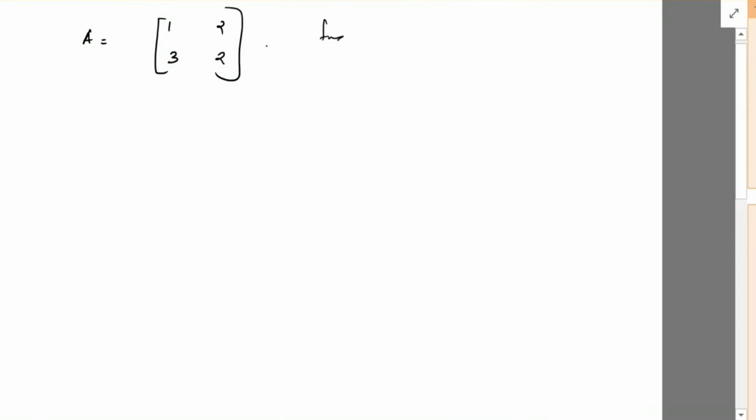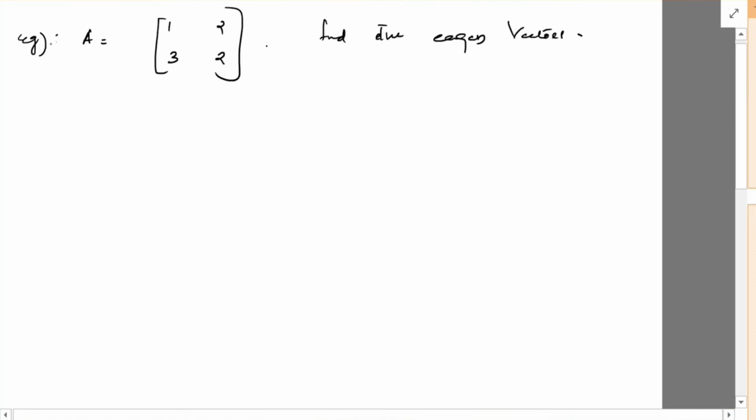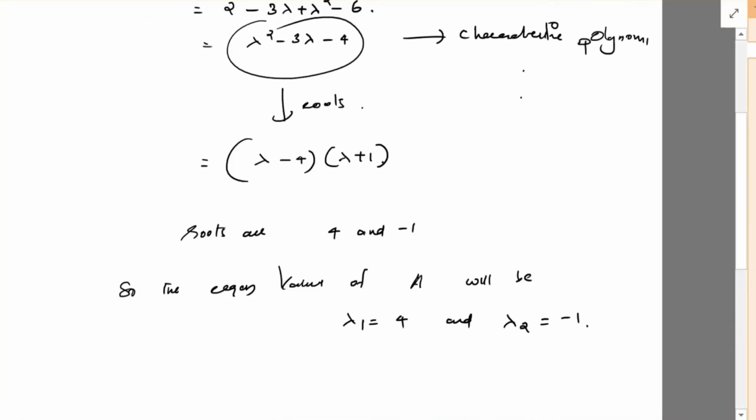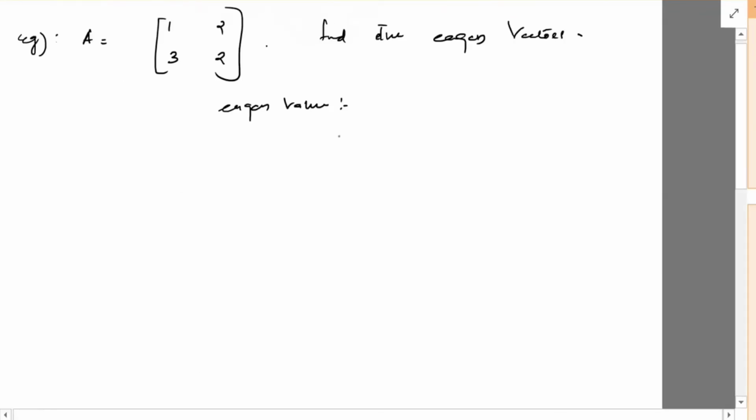Find the eigenvectors. We have already found the eigenvalues. We got the eigenvalues as 4 and minus 1. So 4 and minus 1 are the eigenvalues of this matrix.